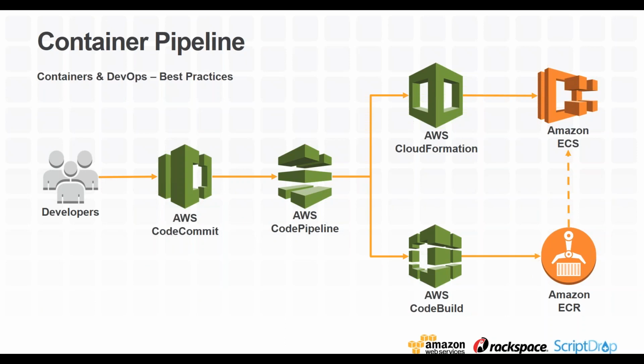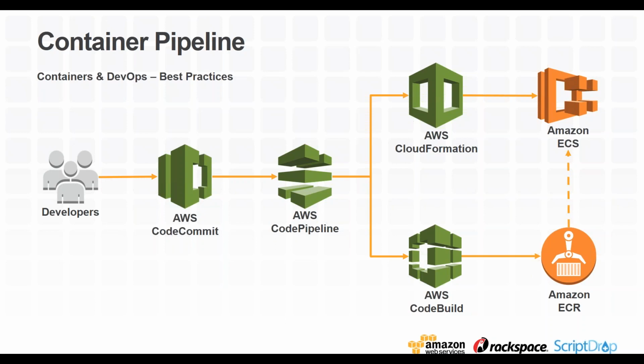In this environment, developers are integrating their changes together into a source repository on the left. In this case, it's AWS CodeCommit. AWS CodePipeline, just to the right of that, is polling that source repository, and when it detects a change, triggers execution of a continuous delivery pipeline with a new revision.